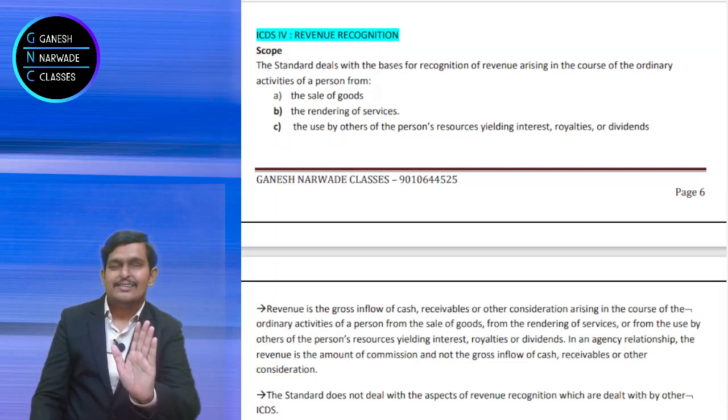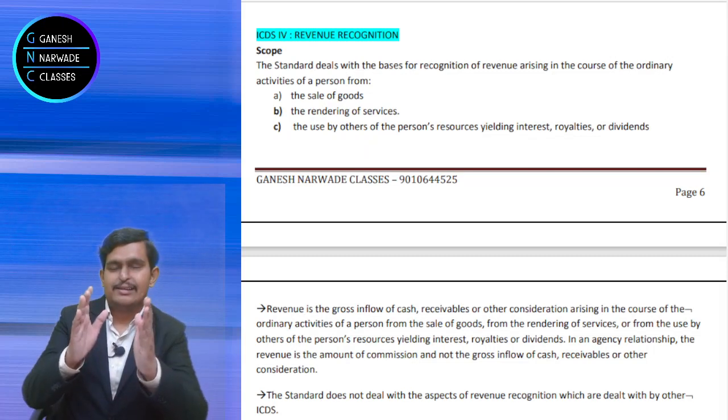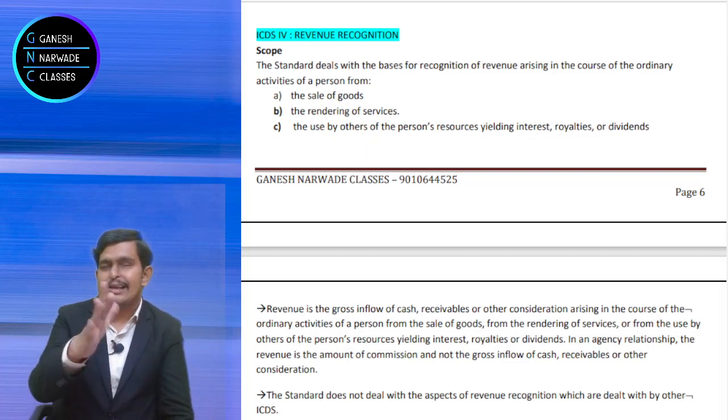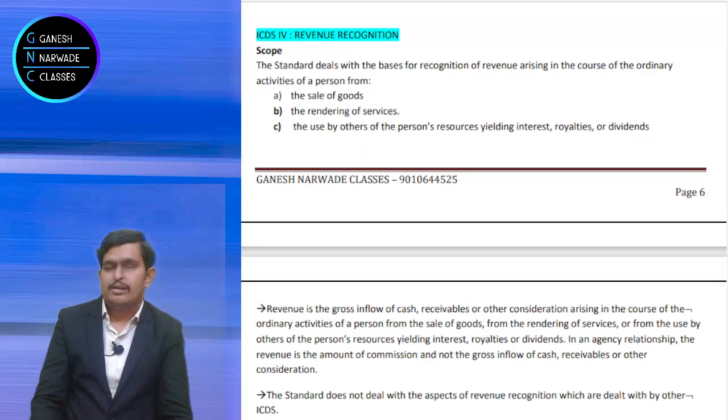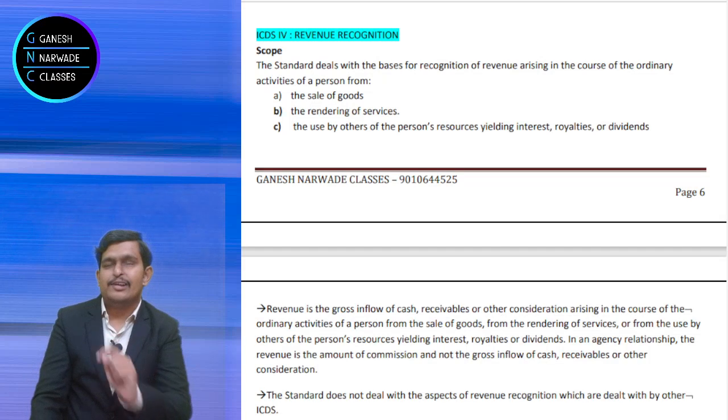But wait. Suppose I have to travel by air from Hyderabad to Pune for taking a workshop on taxation. In that case, I go to an air ticketing agent and he books the ticket and earns some commission. I would have paid the ticket money to him, but that ticket money is not revenue for him. The commission he receives is the revenue.